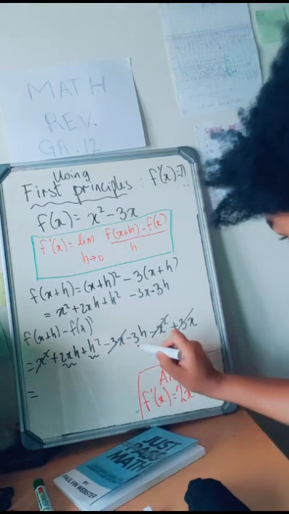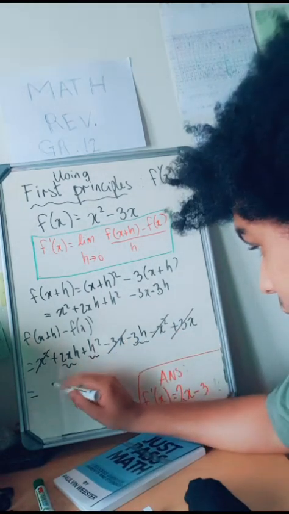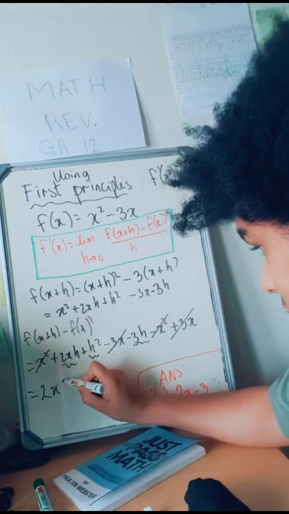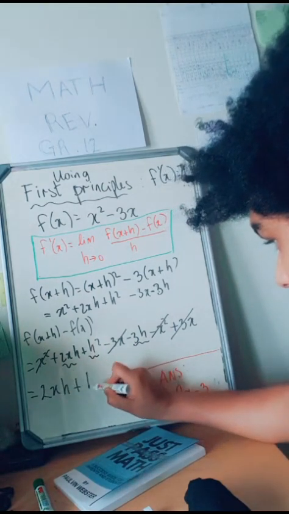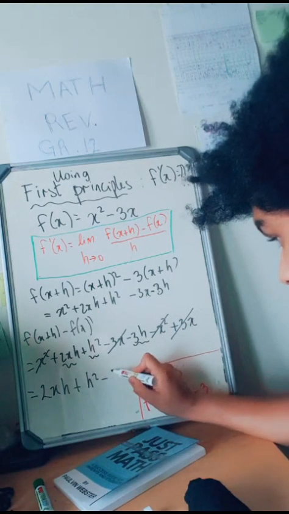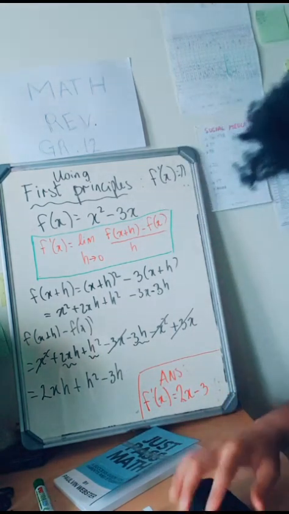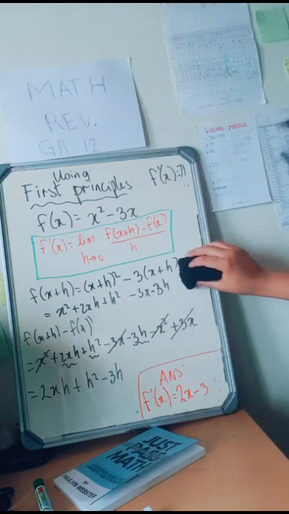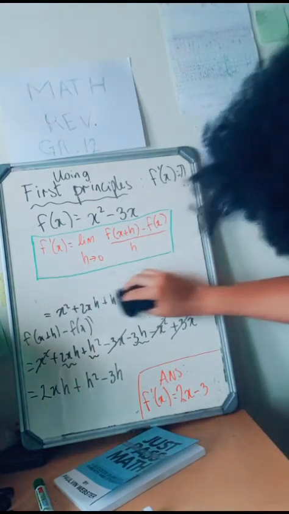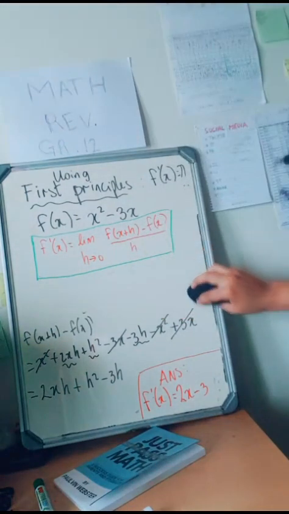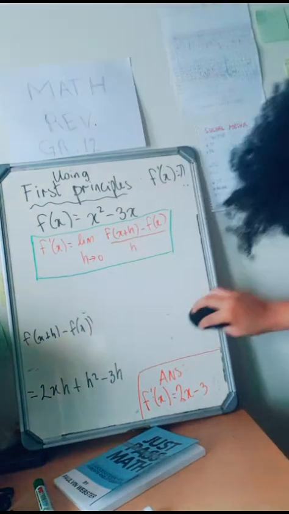There are no like terms with this one, no like terms with this one. So this is going to be 2xh plus h squared minus 3h. Now remember that, because somewhere we made an error there. Okay, I'm going to leave that. Let's just erase that a little bit.